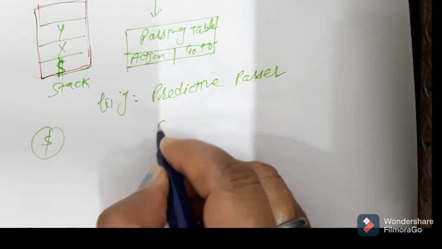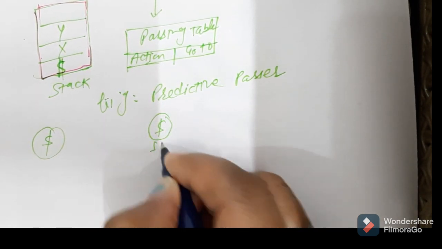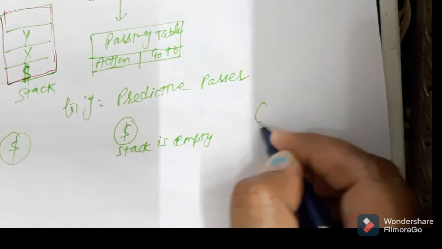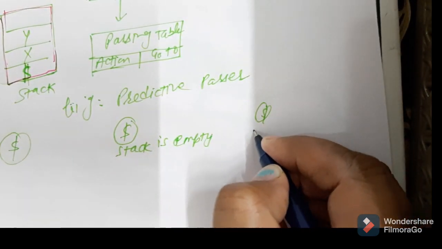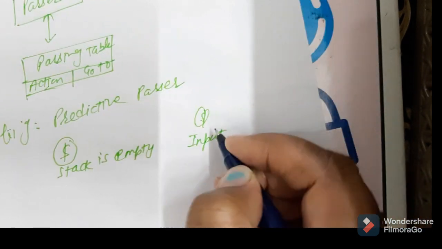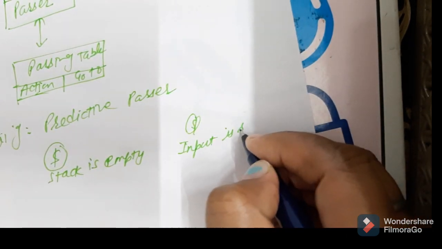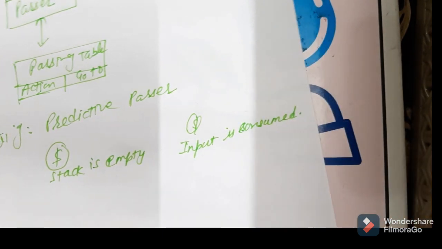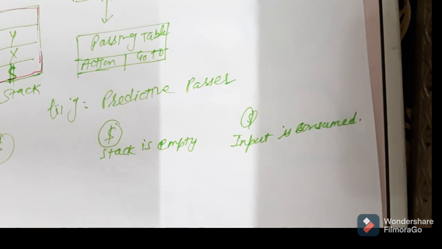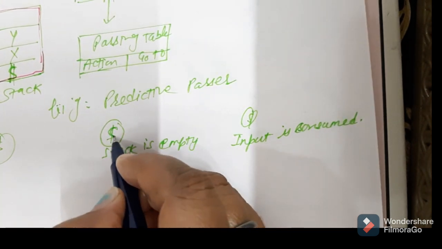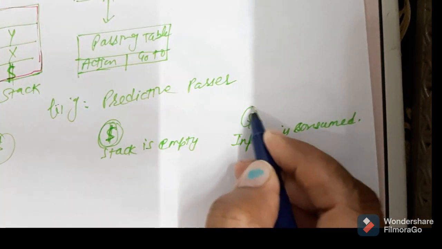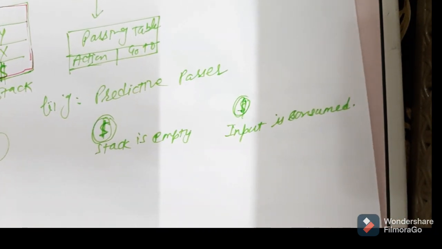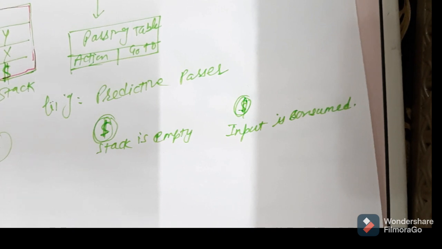When we find dollar in the stack, it means the stack is empty. And when we find the dollar in the input string, we will say the input is totally consumed. That means we have scanned the input. So this is the purpose of putting dollar at the end of the stack and at the end of the input string.